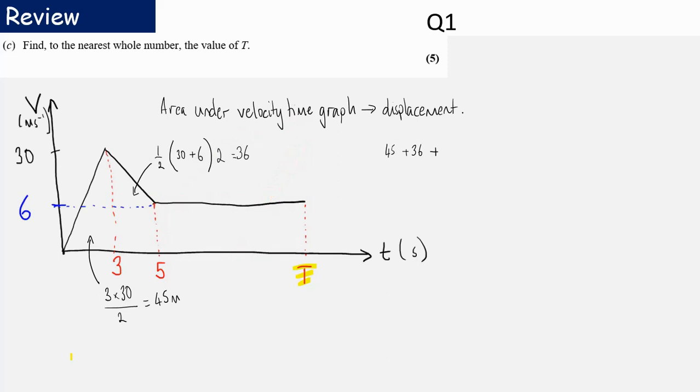We know we've got a height of 6 in there, so this is just length times width. So our length, if you like, was 6, our width goes from here to here, so that gives me a distance of t minus 5. Or I can just write that as 6 brackets t minus 5.